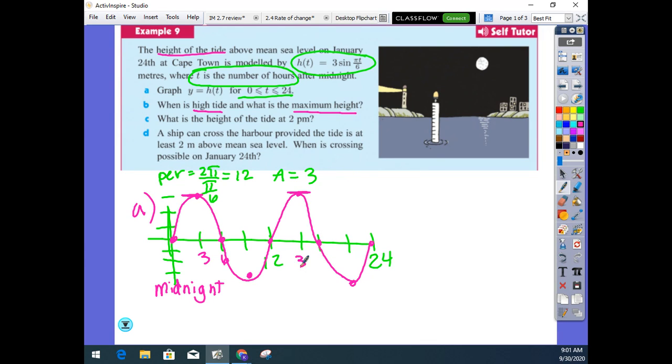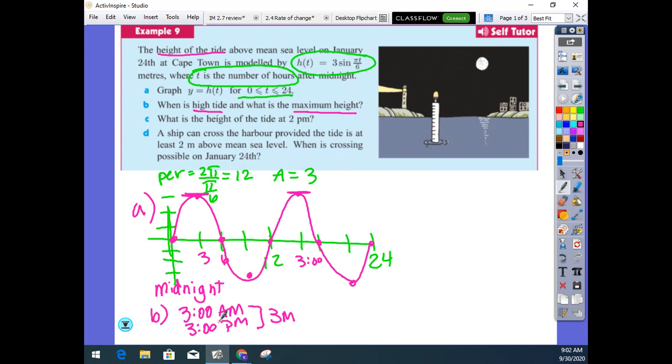And this is going to be 3 hours after noon. So we have 3 a.m. and 3 p.m. is when the high tide occurs. And what's the height? 3 meters. So this is when it occurs and what the height is.